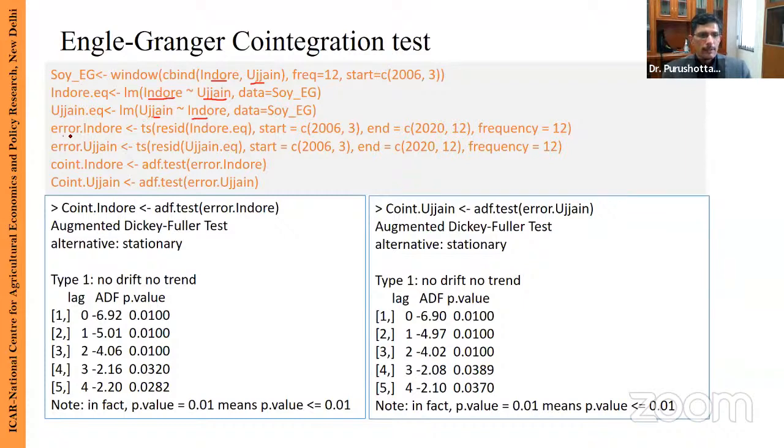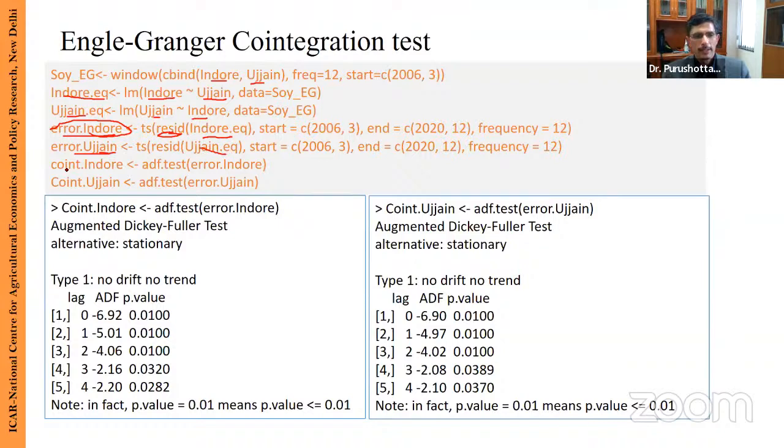Then the error series we have generated. This is the code for residual. So from the Indore equation, we generated the error series for Indore. From the Ujjain equation, we generated the error for Ujjain.